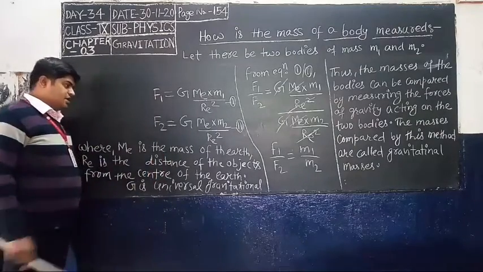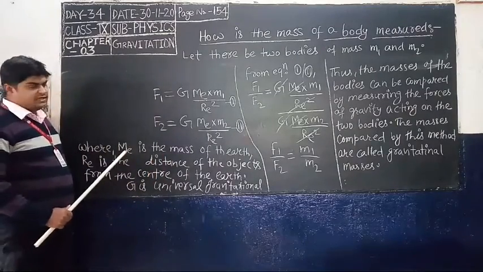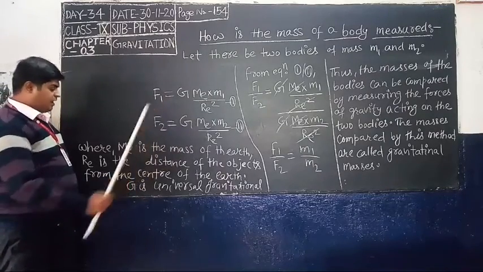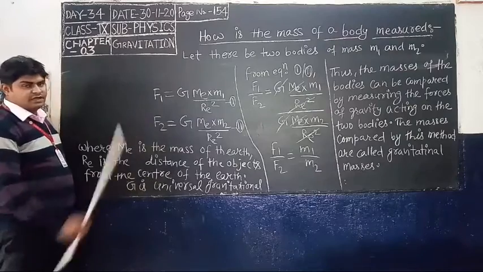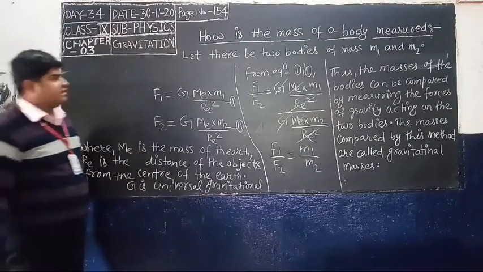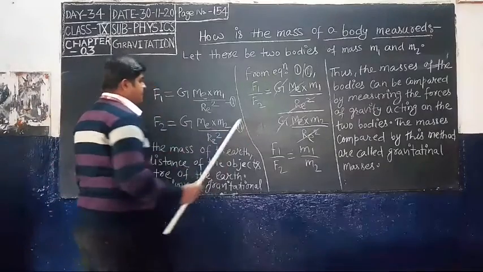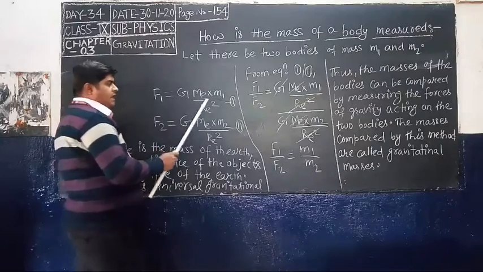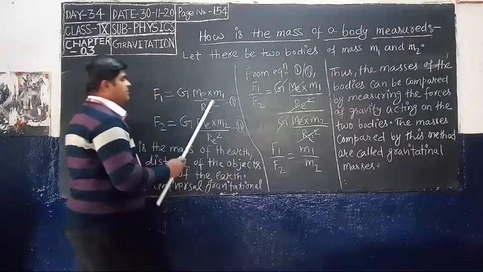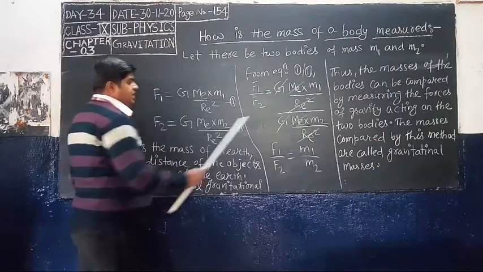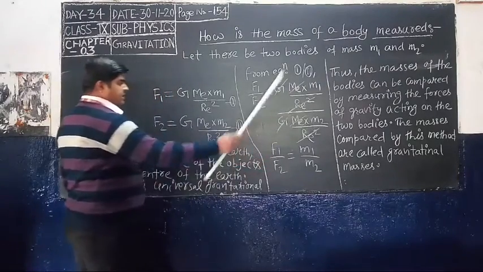This is equation 2. Here Me is the mass of the earth, r is the distance of the object from the center of the earth, and G is the universal gravitational constant. From equation 1 divided by 2, F1 by F2 is equal to G Me into m1 by Re square, by G Me into m2 by Re square.